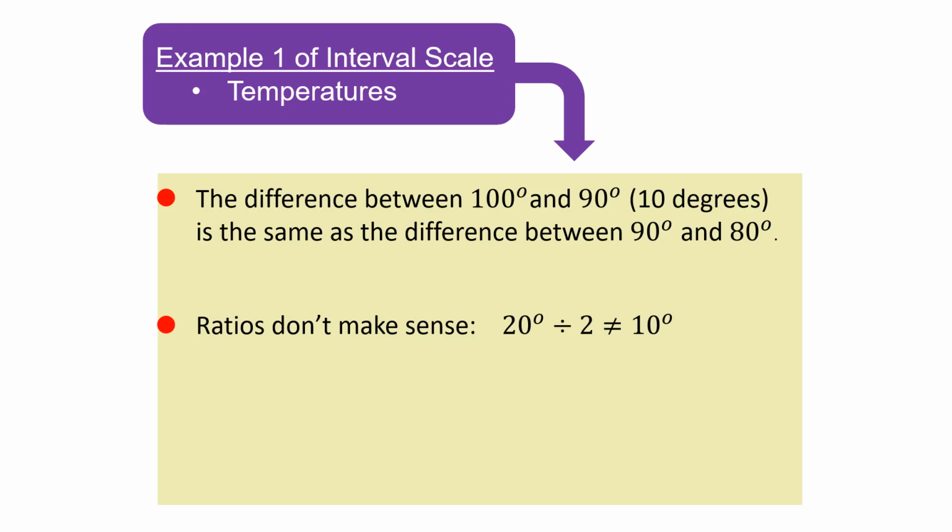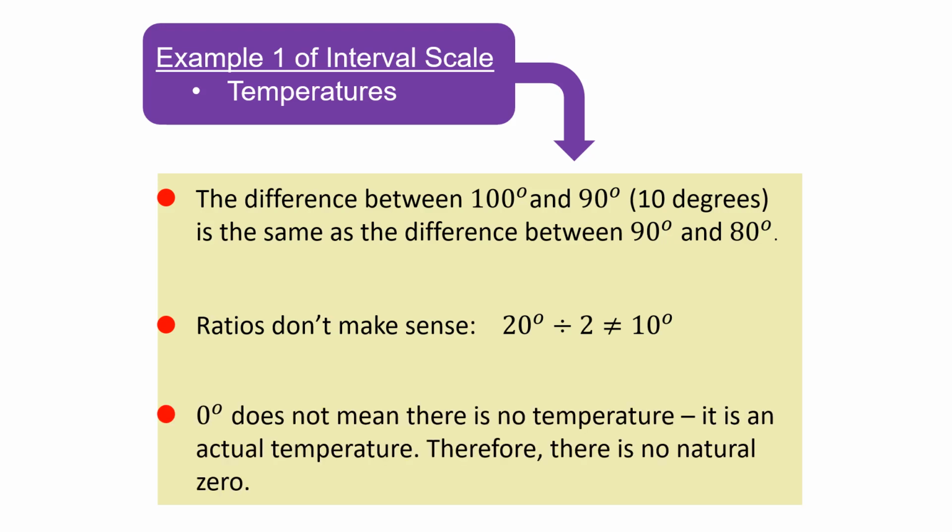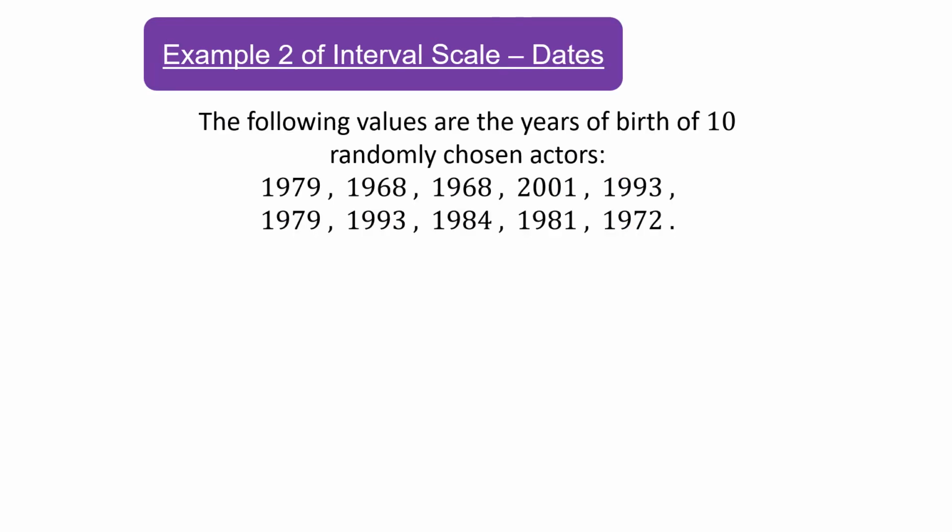But ratios, if you divide 20 degrees by 2, what do you hope to get? This is something that does not make sense. Also note that 0 degrees does not mean there is no temperature. It is an actual temperature, and therefore there is no natural zero in this case. So this is one example of an interval scale variable.